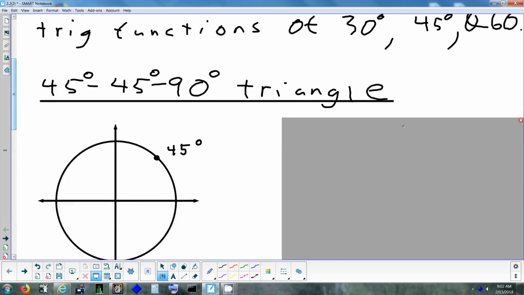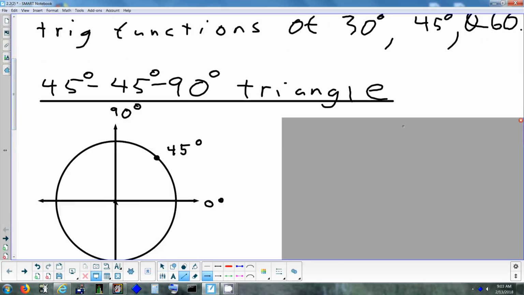All right, so what I've done is I've drawn my unit circle. Here's 0. Here's 90. And I tried to put 45 halfway between. Remember, what that point really means is that's where the terminal side of the angle would go right through.